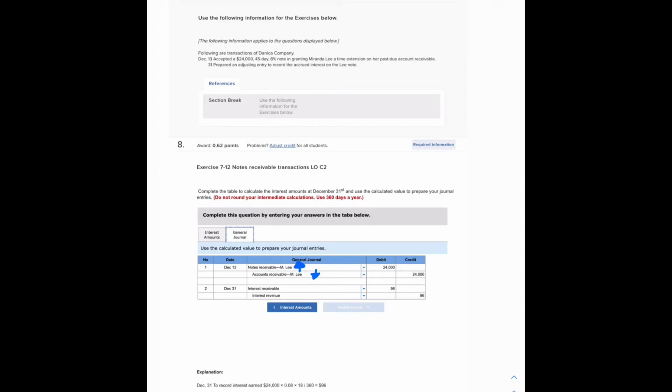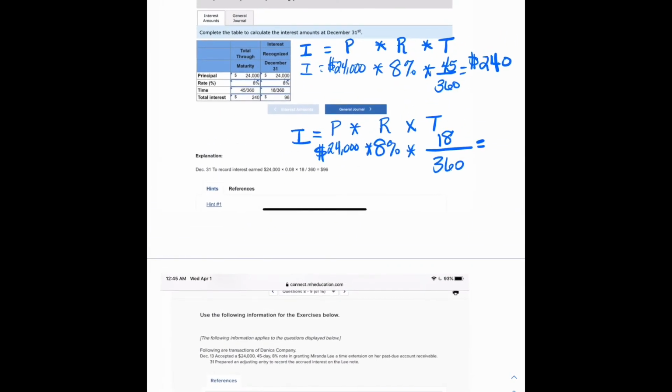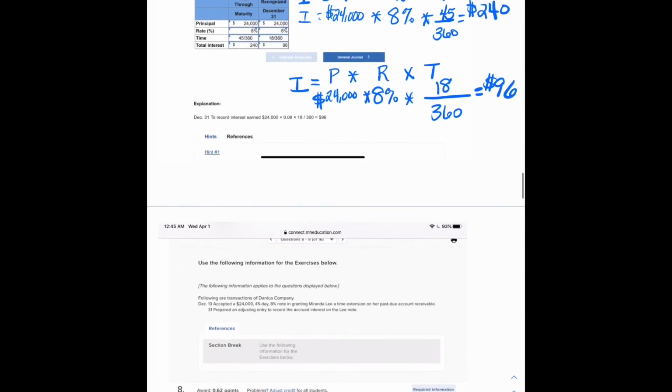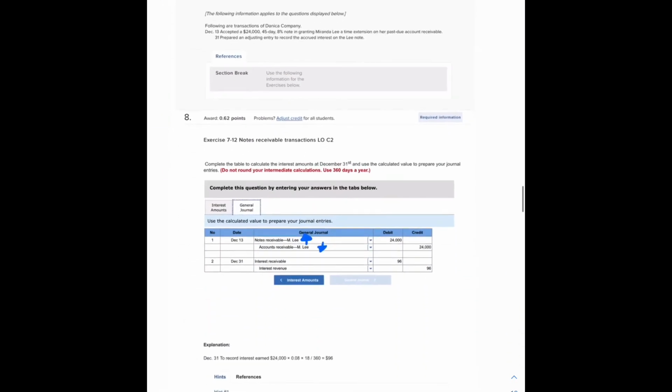Now the next piece here comes down and tells us about the interest. So if we scroll back up and we actually do this math here, this comes out to $96. And this 96 is the amount that we're going to use in our adjusting entry right here. So just to keep it all on this page, I'll just jot it down again. So interest equals principal times rate times time.